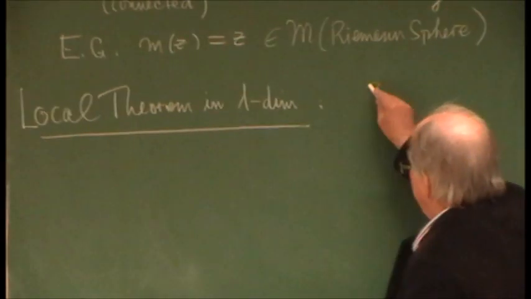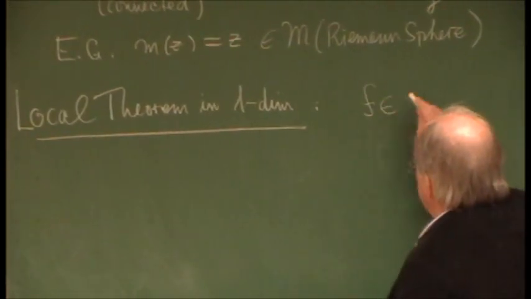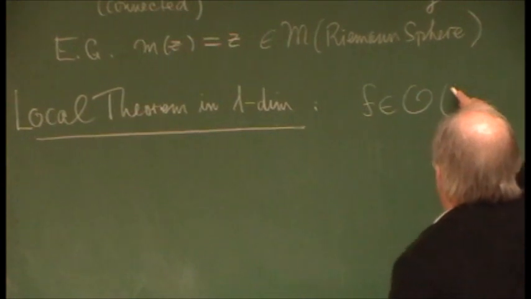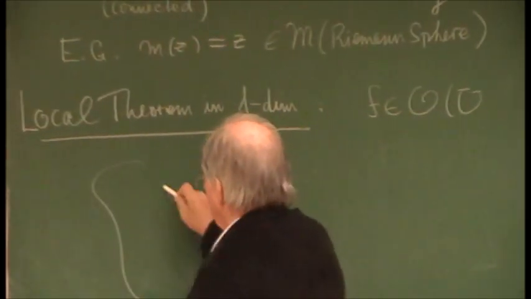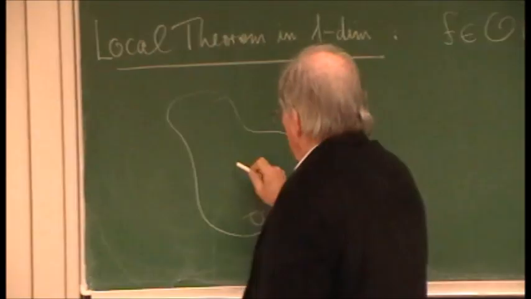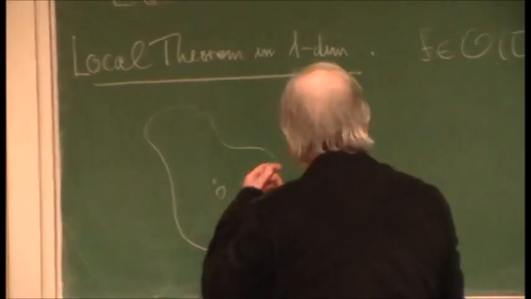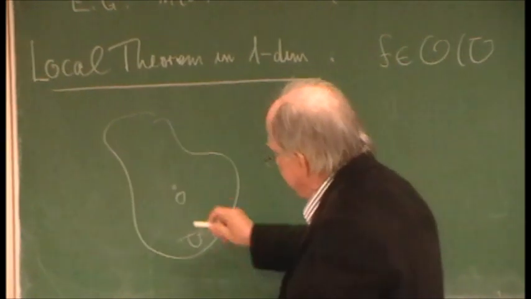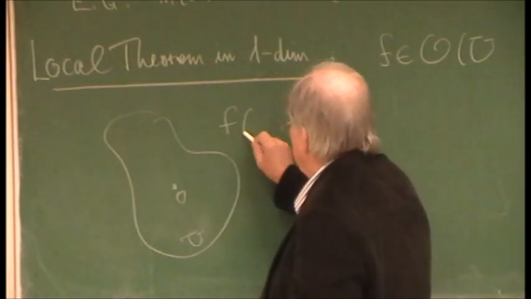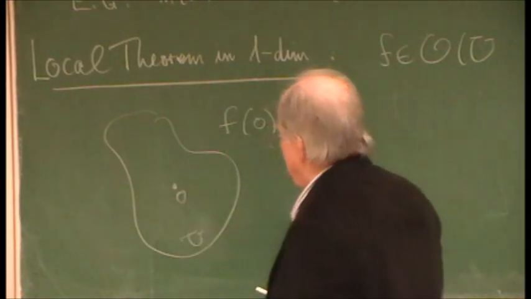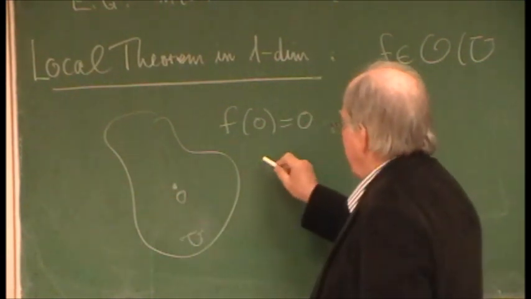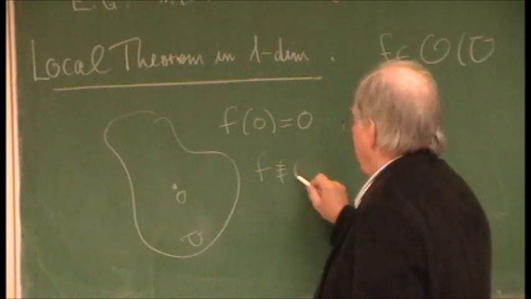So for example, if you take a function holomorphic on some domain in the plane, so some mysterious domain, and you say 0 is here to make life easy, and let's say that f of 0 is 0, so we have it all normalized, it doesn't matter here. And of course, f is not identically 0, so I'm interested in a function which is not constant.